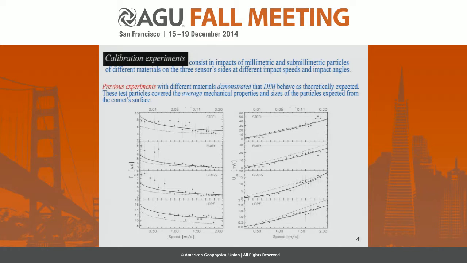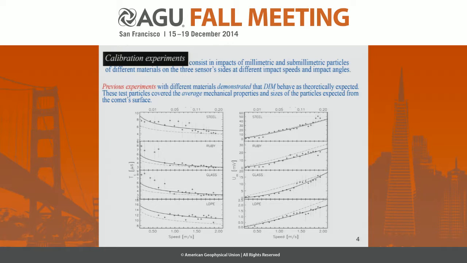As you can see on the plots, we tried millimetric particles of steel, rubber, glass, and LPD, which has a similar density to water ice. In principle, it was demonstrated that the sensor was more or less stable, and we also explored the range in which the signal was more or less stable as well.